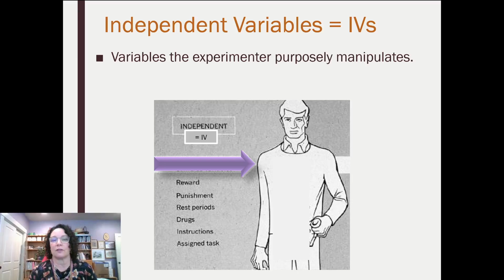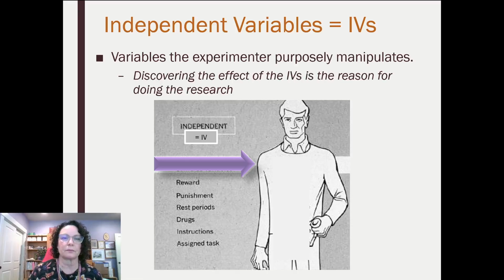So giving you different reward schedules, or giving you different kinds of punishment, or allowing rest periods or not, or administering some kind of drug or not, giving different kinds of instructions to the experimental group versus the control group, giving a different task to perform. These are all examples of things that the experimenter can manipulate.